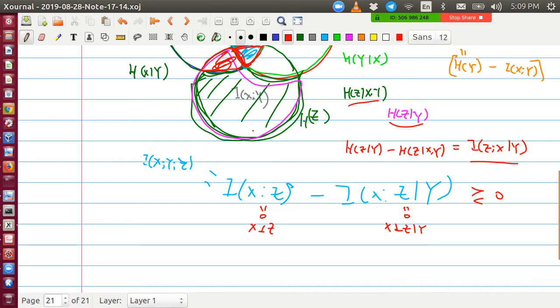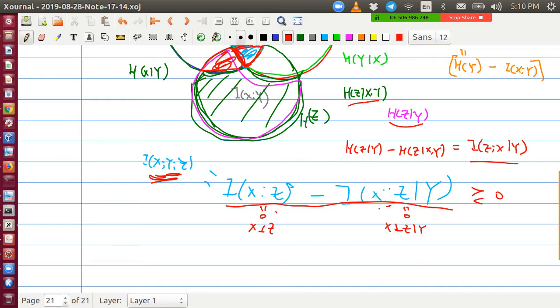As I said, because this part here is equal to this. But then I can find cases where this part is bigger than 0, but this is equal to 0. Basically, I can find X and Z that are not conditionally independent given Y, but X and Z themselves are independent of each other.